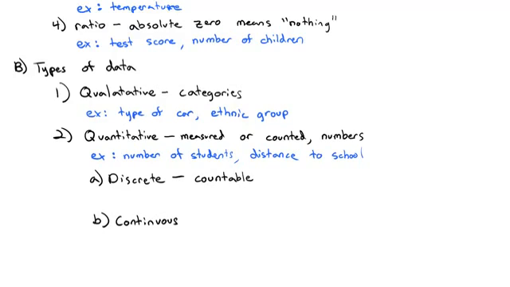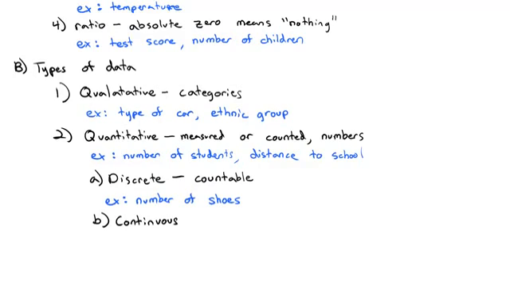When we count things, we say we have discrete data. Generally, we don't get decimals with discrete data. Examples might include the number of shoes a person owns. You're not going to end up with decimal shoes. You're not going to have 1.4 shoes. Discrete data is countable. You count the number of shoes there are.